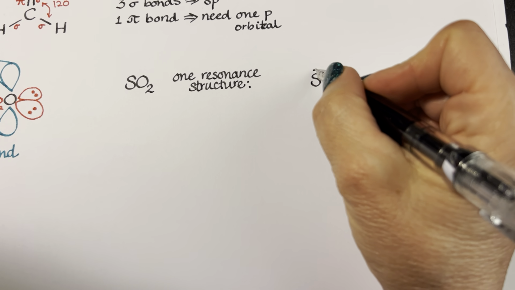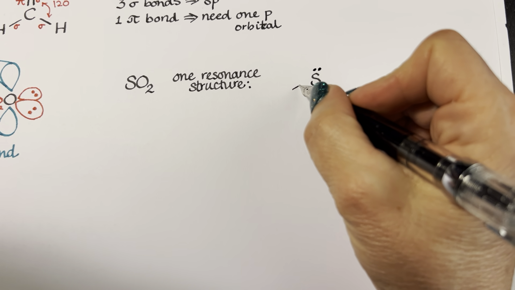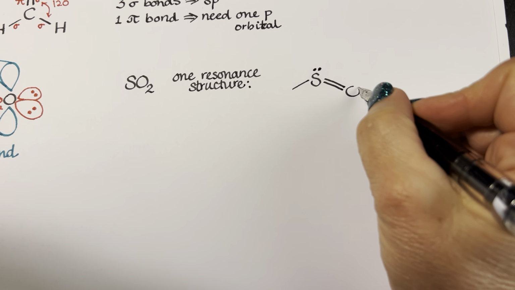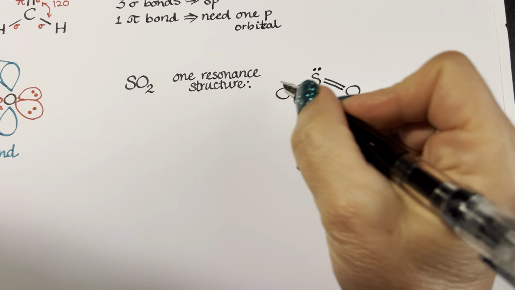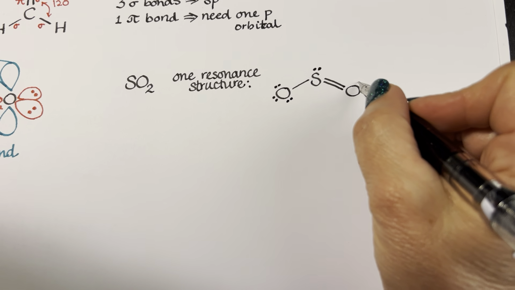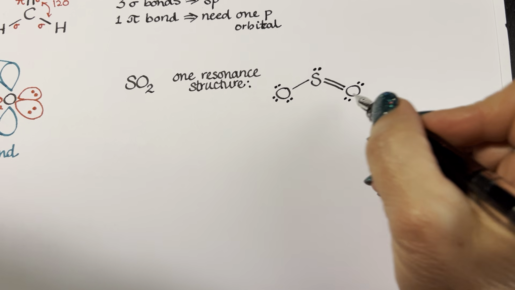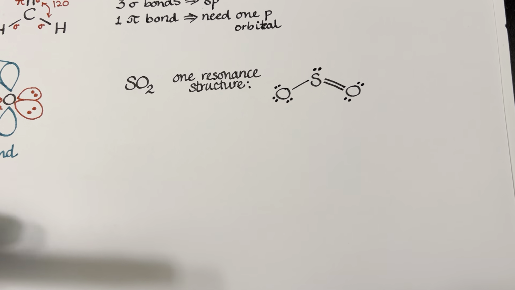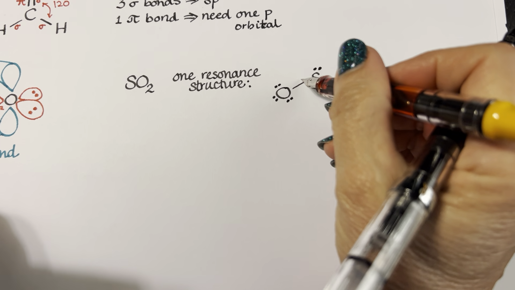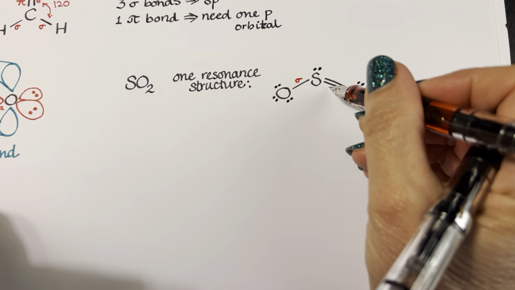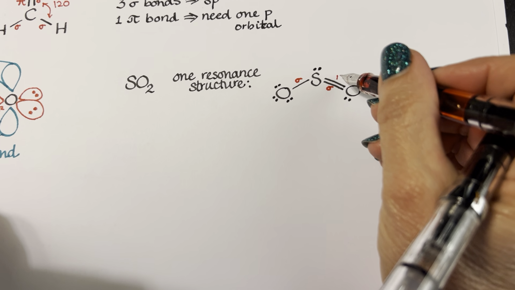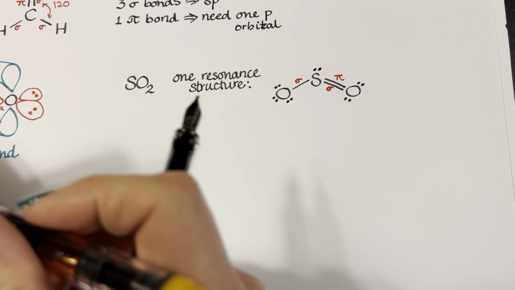For sulfur, it's got a lone pair, and we have a double bond to one of the oxygens. Again, this is a Lewis dot structure. So we have a sigma bond there, sigma bond there, we have a lone pair, and we have a pi bond.